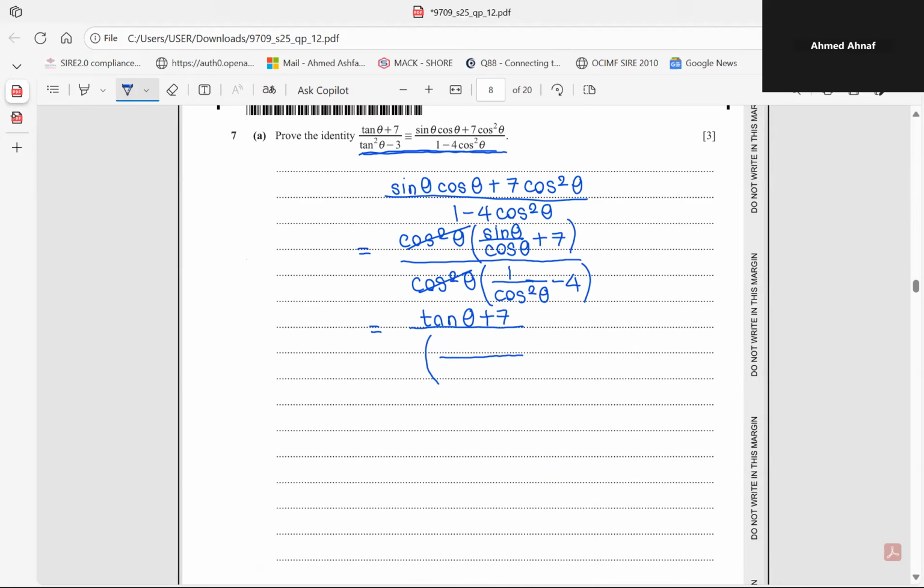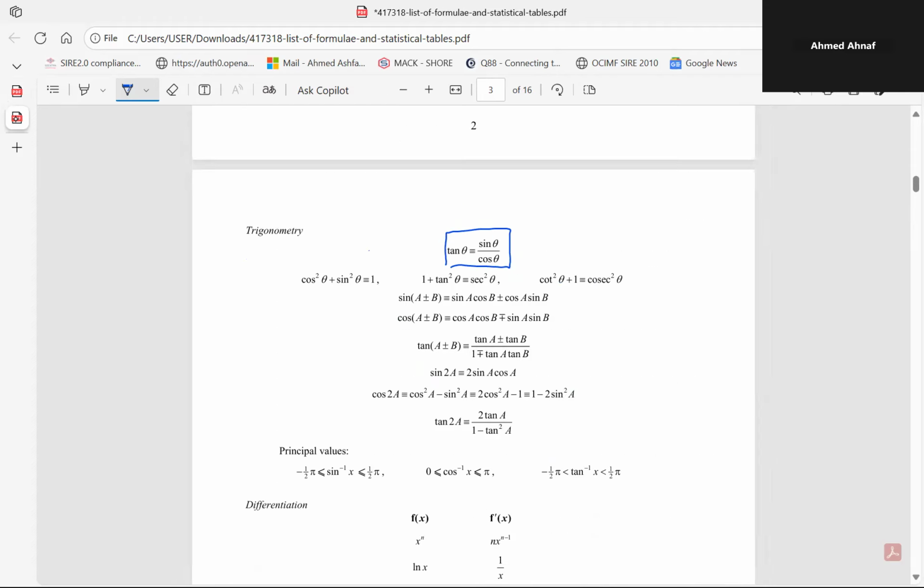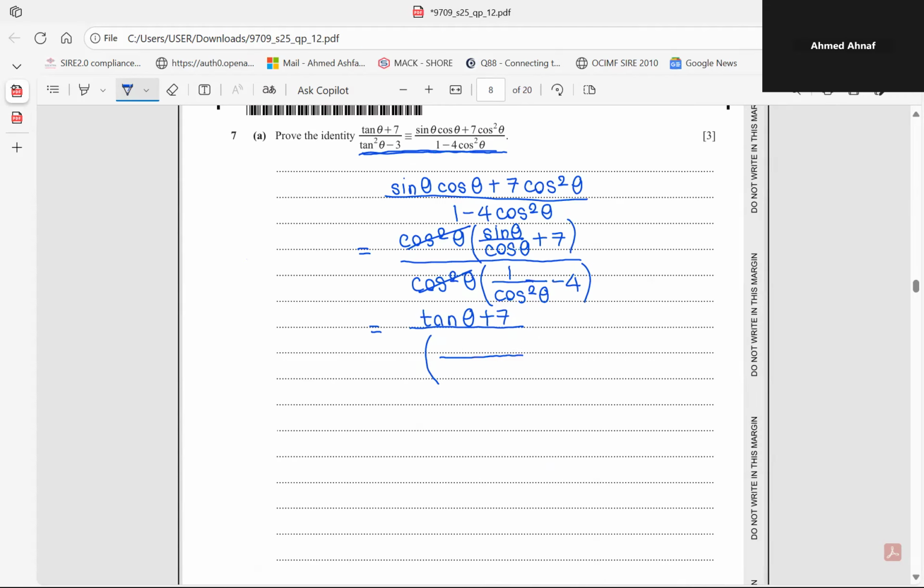Okay, all right, let's rewrite the 1 as cosine square plus sine square instead. So sine square theta plus cosine square theta over cosine square theta, minus 4.